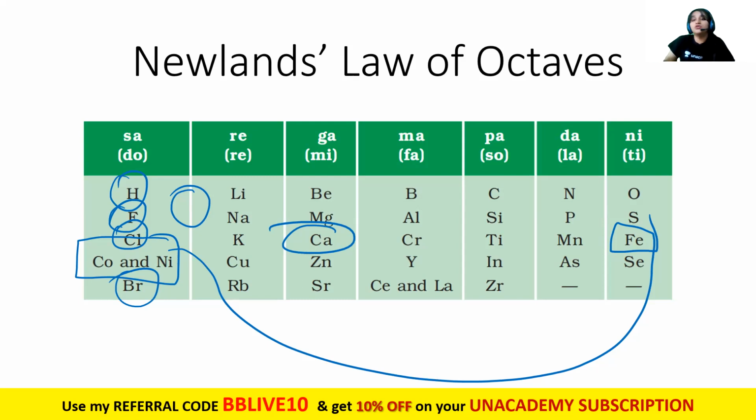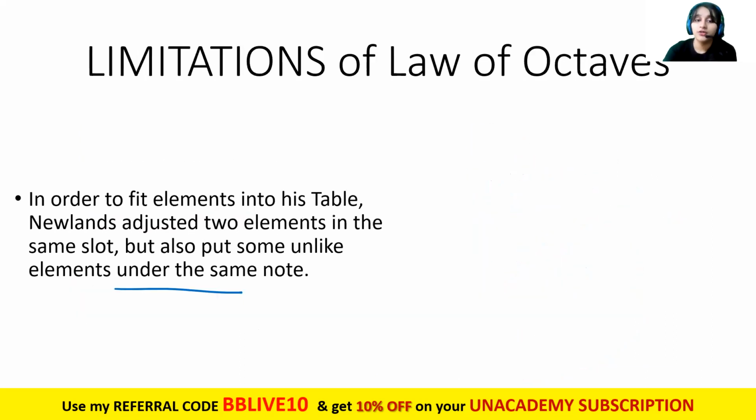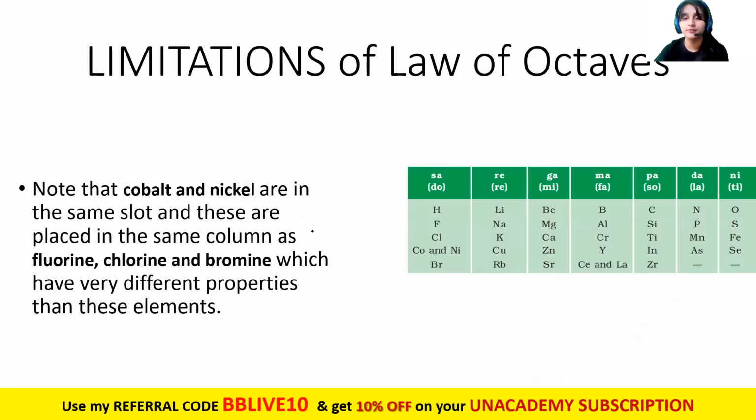He cramped two elements together in the same box, and then they did not even have similar properties in that particular note. That's right. So you can write the example of cobalt and nickel and how that Sa note only had halogens in it, and cobalt and nickel showed similarities with the properties of ferrous, that is iron, which was under an altogether different note.